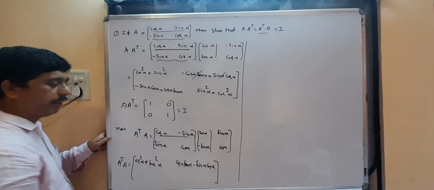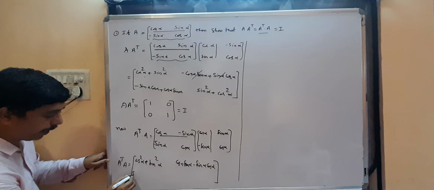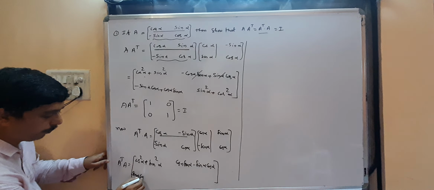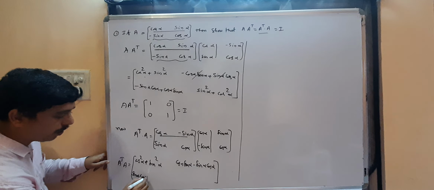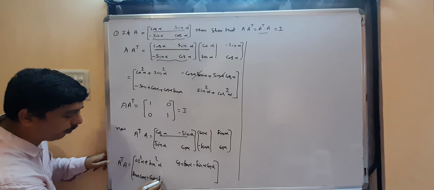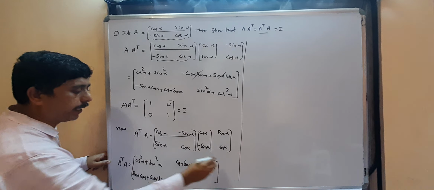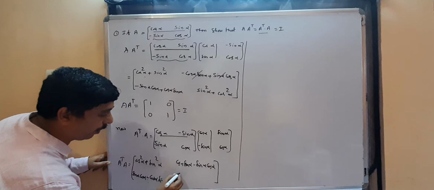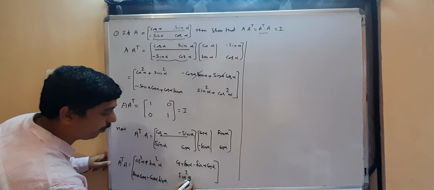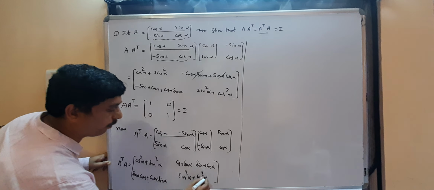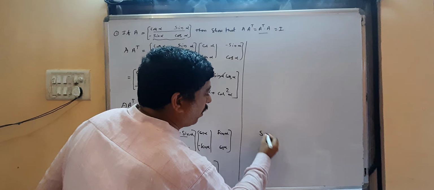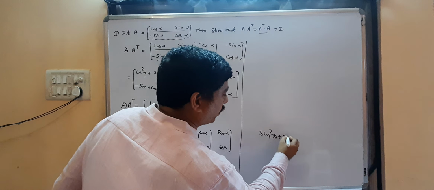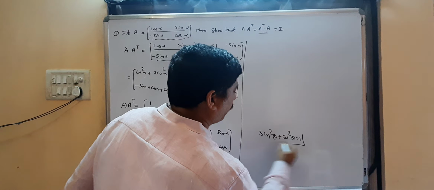Second row into first column: sin alpha into cos alpha, plus into minus cos alpha into sin alpha. Second row into second column: sin alpha into sin alpha, sin square alpha, plus cos square alpha. Sin square theta plus cos square theta is 1.